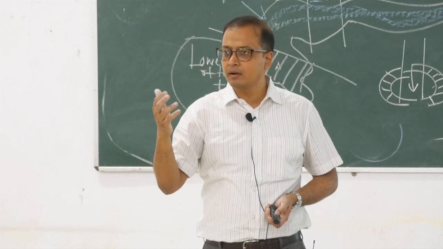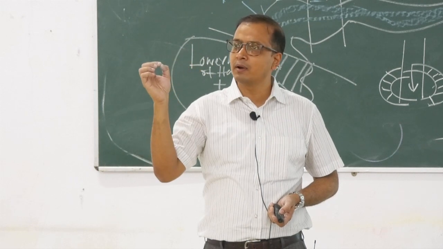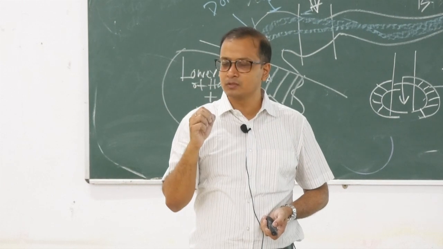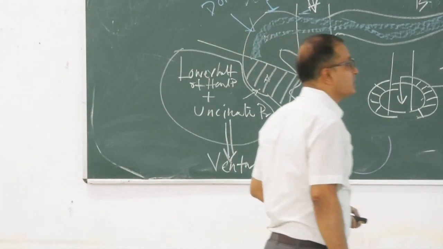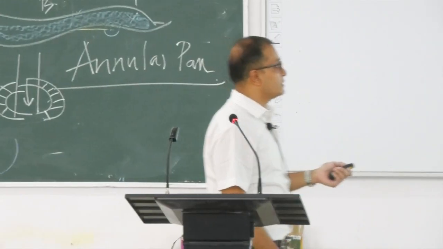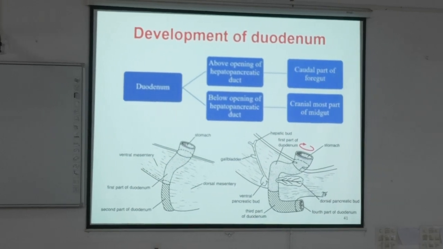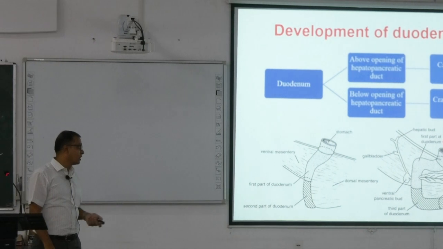What is the ampulla of Vater? It is an opening where the pancreatic duct and the bile duct, which comes down from the cystic duct, drain into the duodenum. So the part above the opening of this hepatopancreatic ampulla develops from the foregut tube, and below that it develops from the cranialmost part of the midgut tube.